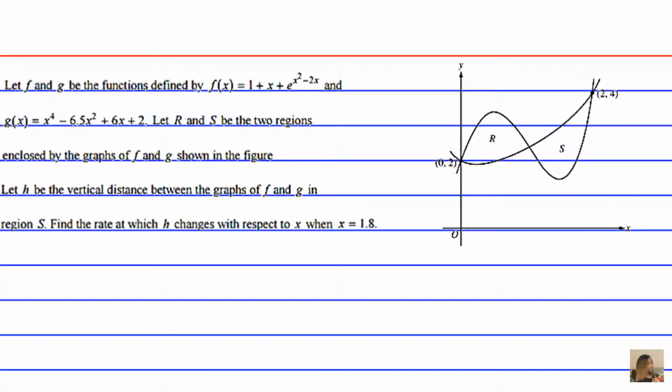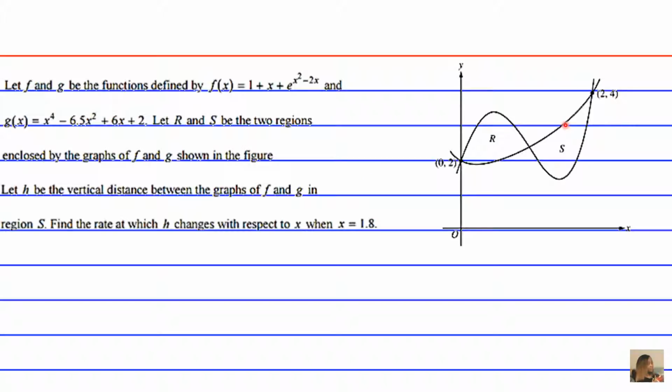I'll give you a moment to think about your strategy. All right, so what one has to realize is that the rate at which h changes is code language for the derivative of h. A rate of change is simply a derivative.